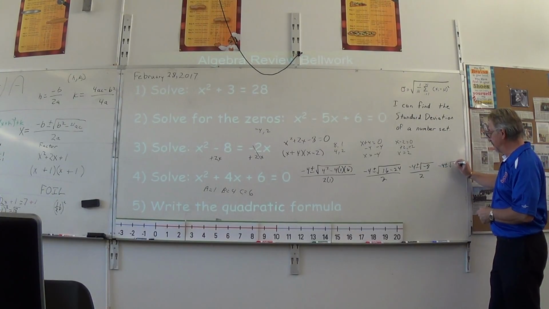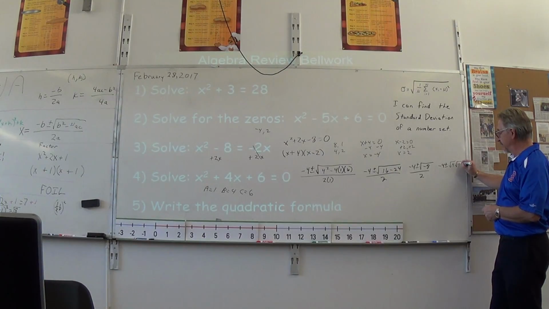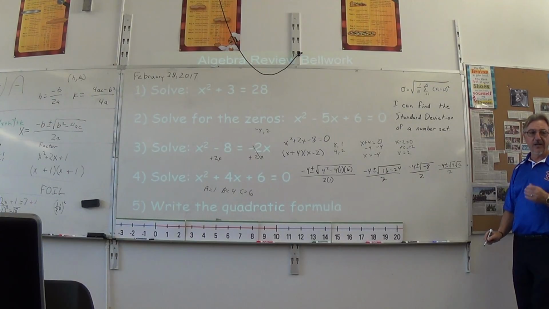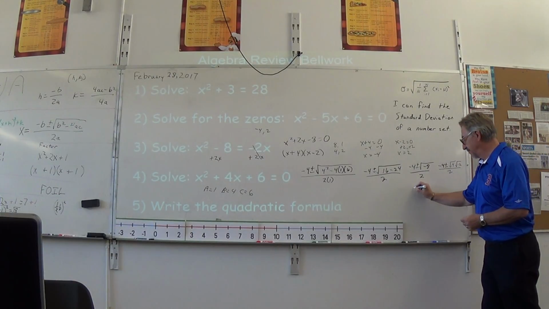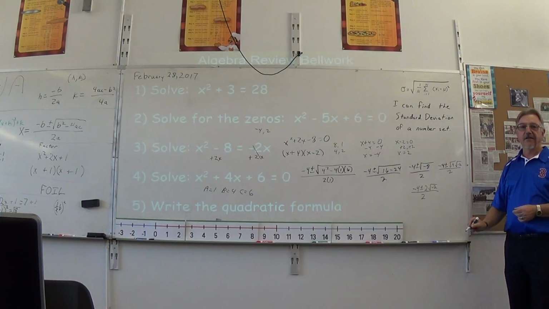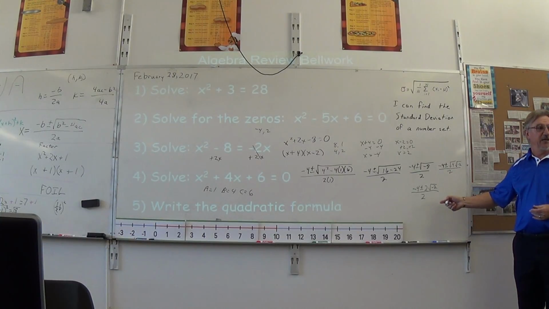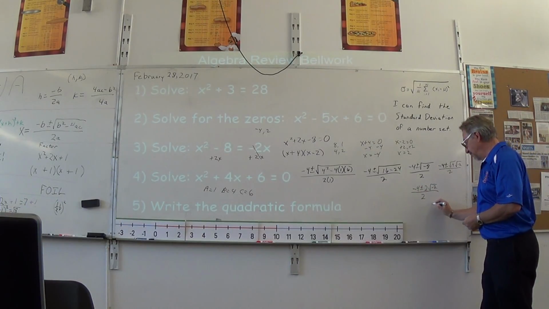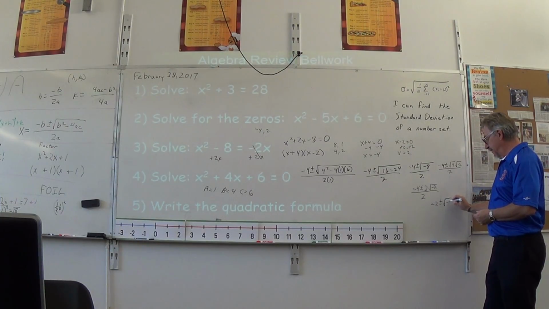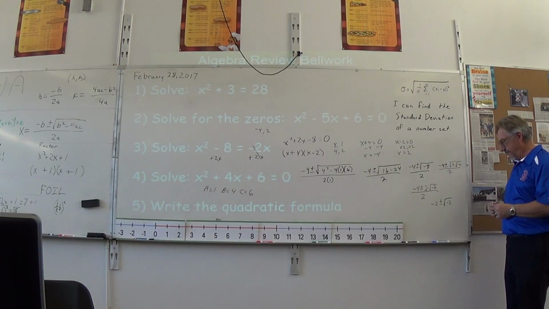So the square root of 4 times the square root of negative 2, divided by 2. The square root of 4 is 2, so negative 4 plus or minus 2 square root of negative 2, divided by 2. And now I can reduce it because 2 goes into both of these numbers. 2 goes into negative 4 negative 2 times, so negative 2 plus or minus the square root of negative 2.